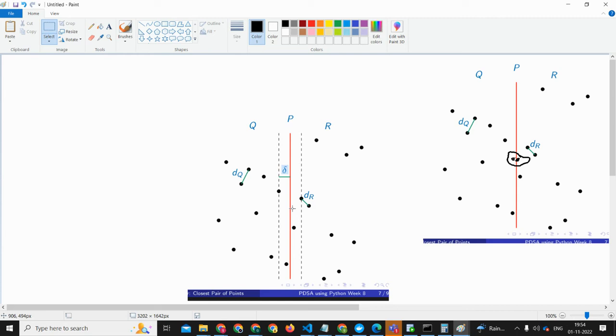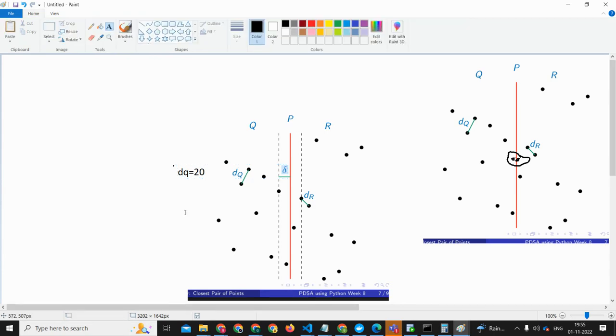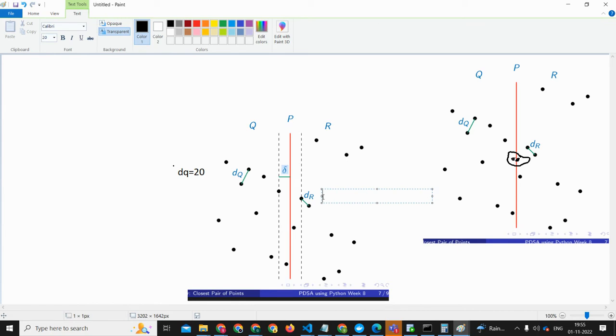Sir, I also have a note here. Mahi, may I tell something? Let us take some values for this. Let's say DQ is going to be 20, and DR is going to be 15.